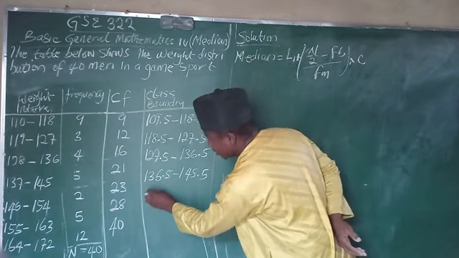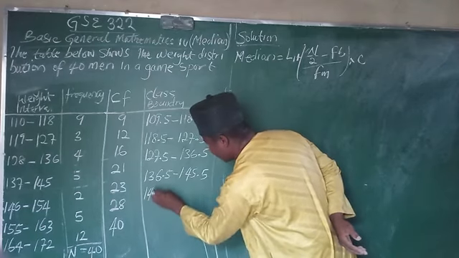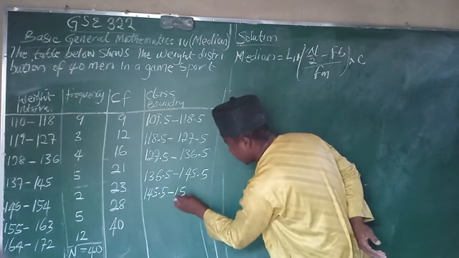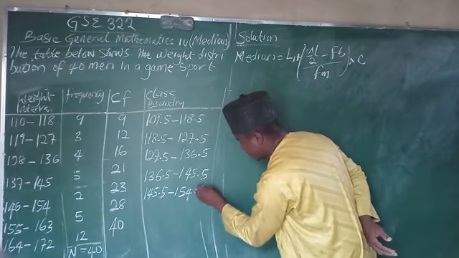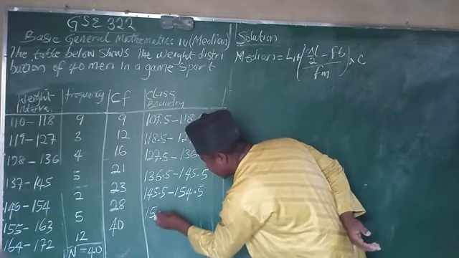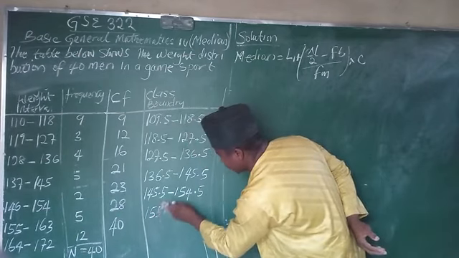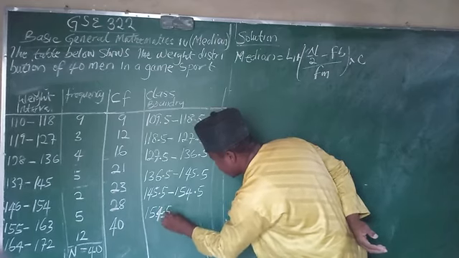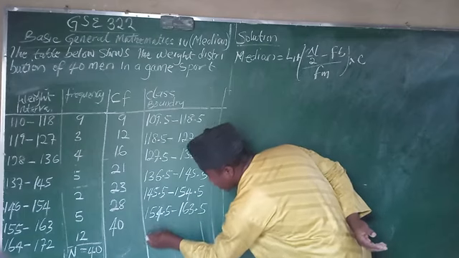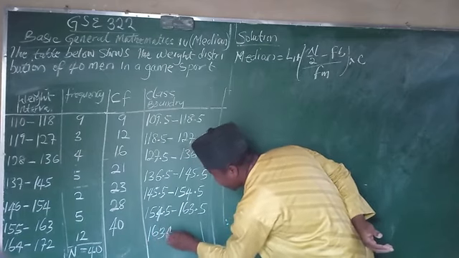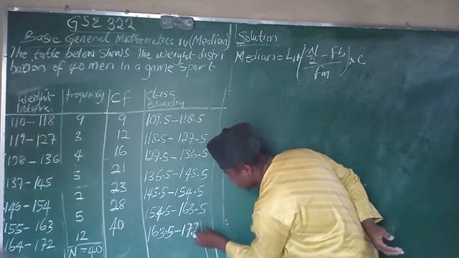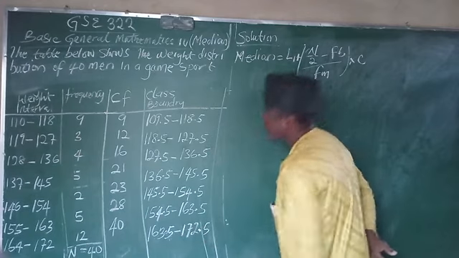The next one is 145.5 to 154.5. Then 154.5 to 163.5. Then the last one is 163.5 to 172.5.